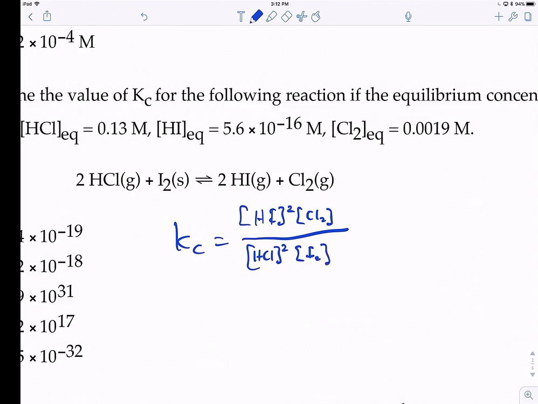Now the problem with iodine there, the I2, it's a solid, so it's not included in the equilibrium constant. So you just plug in the numbers, and don't forget to square HCl and HI.